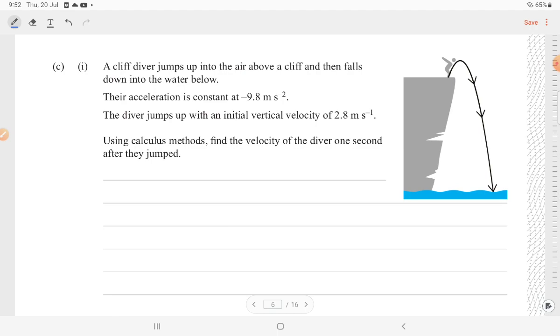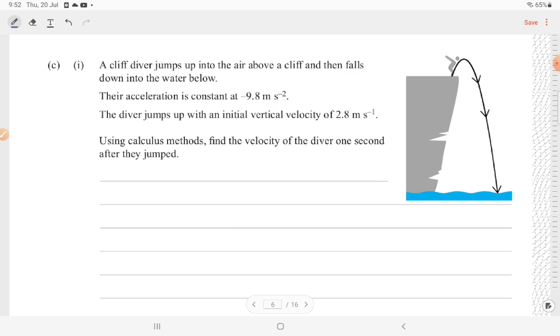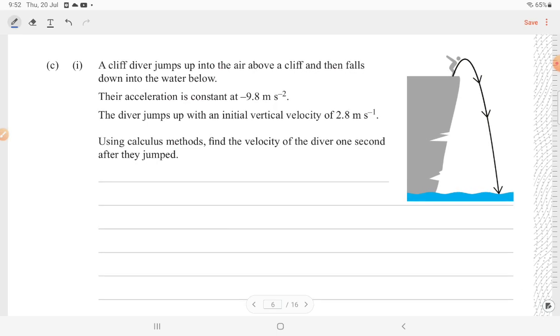Basically, we have a displacement, s of t.